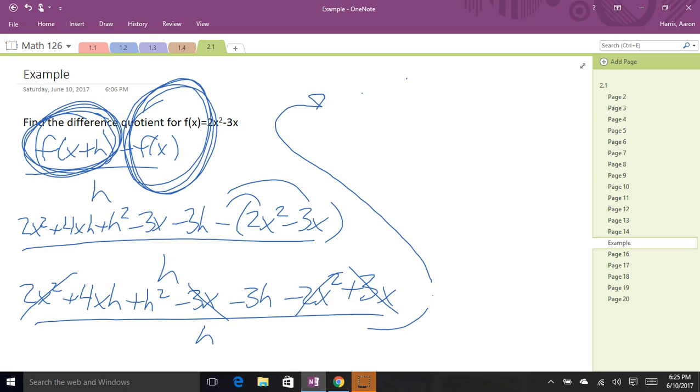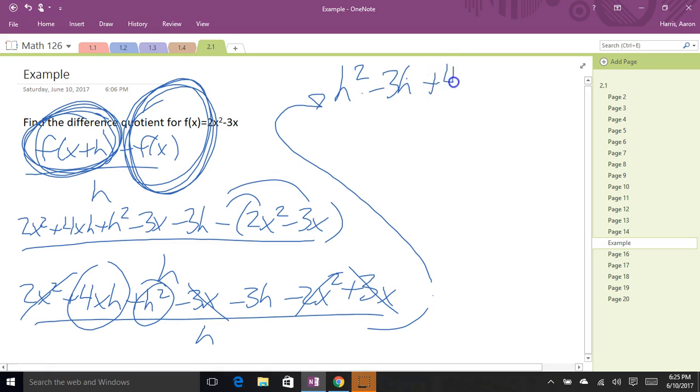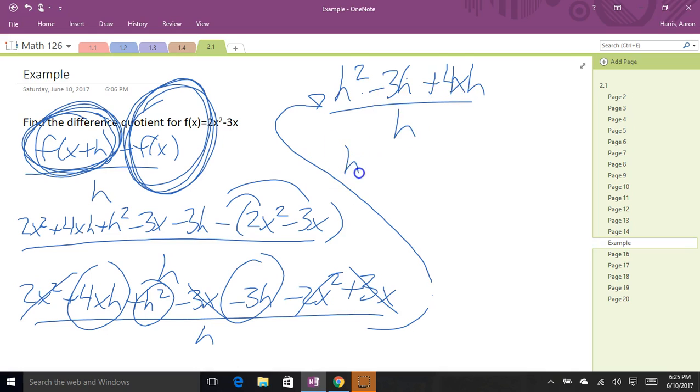So it looks like I'm left with h squared first, and I also have 4xh, and I have a minus 3h, all over h. And if I can, I'm going to factor an h out of each of those, which each of them does have an h in them.